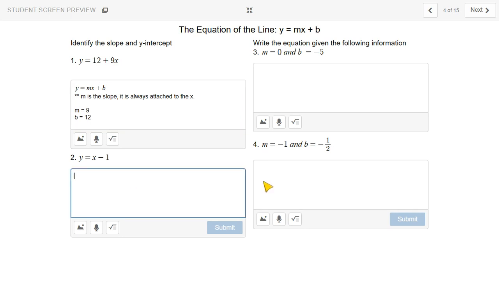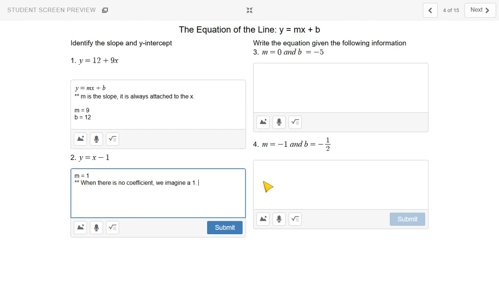Okay, second one, y is equal to x minus 1. M is equal to 1, and I'm going to put a little note here. It's equal to 1 because we don't have a coefficient. And when we don't have a coefficient, we have an imaginary 1 there. Like I said in class, one is often redundant, and that's why we don't say it.